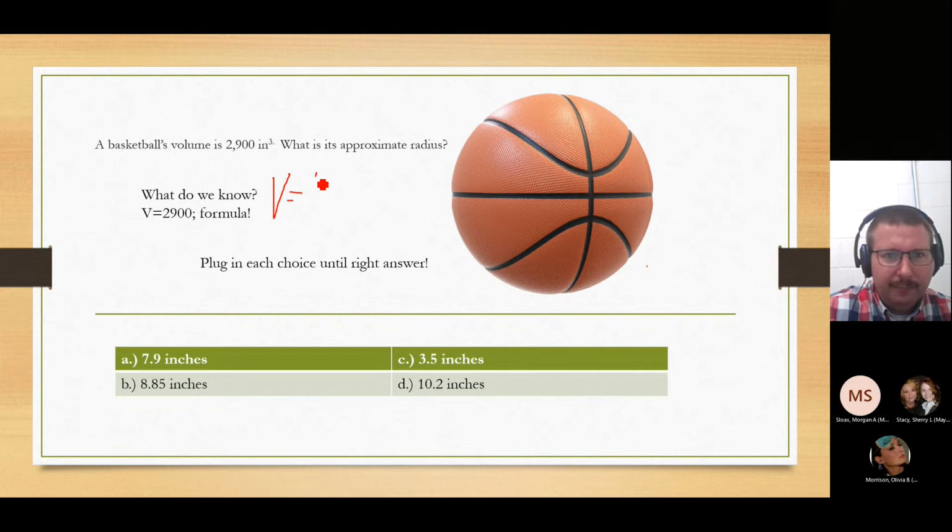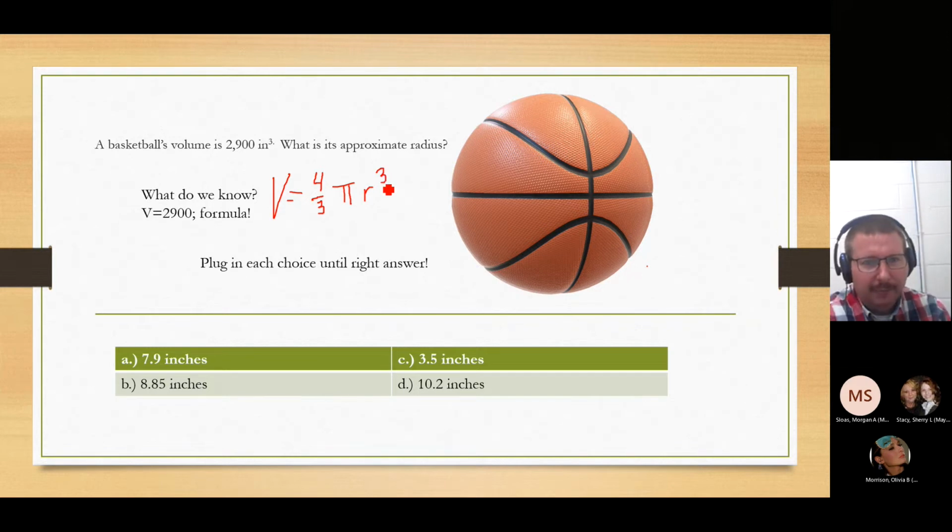V equals 4/3 pi radius to the 3rd power. And I've even given you a hint how to do it. You plug in each choice until you get the right answer.